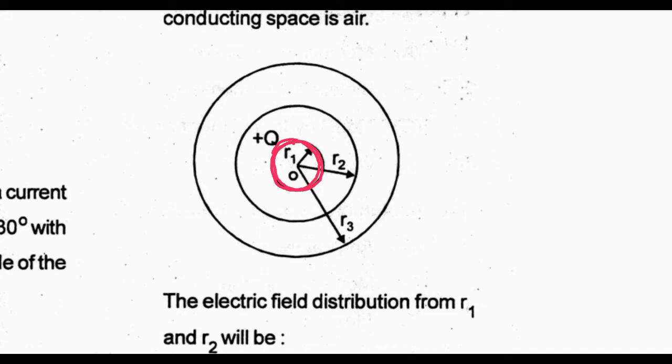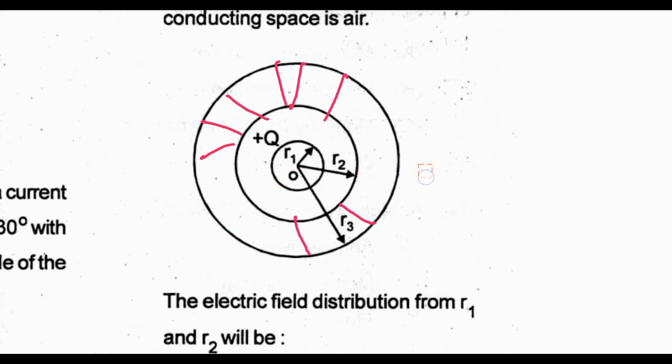This one is also conducting, and this one has no charge, and it is this much thick, because it has inner radius r2 and outer radius r3. So the question is asking for the electric field distribution from r1 to r2.